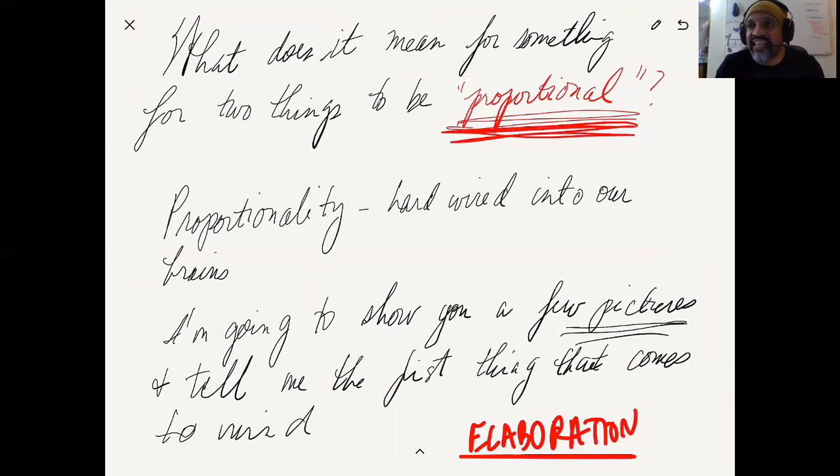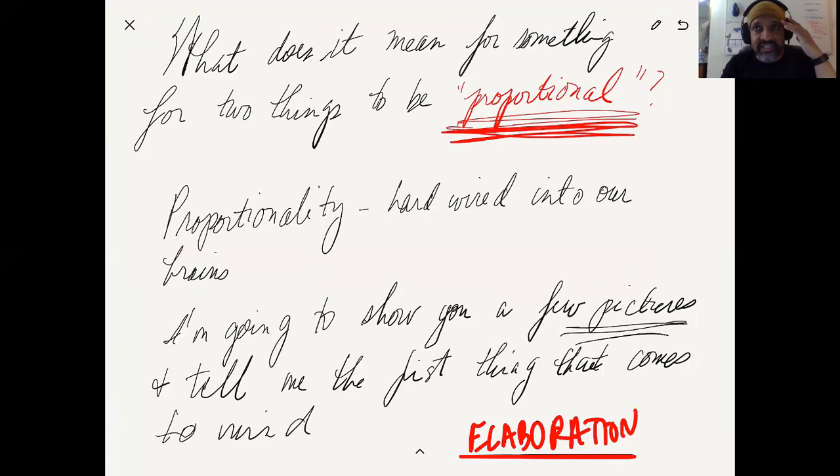But what I'd like for you to be able to do is to tell me what you think proportionality means in your own words. For instance, if you were trying to explain this concept to a second grader or third grader or fourth grader, you wouldn't say, it's when a straight line goes through the origin. They wouldn't understand that. But they could understand the idea of proportionality if you can explain it to them in some simple terms that they understand. And I think that you can.